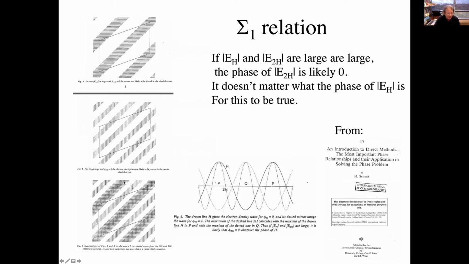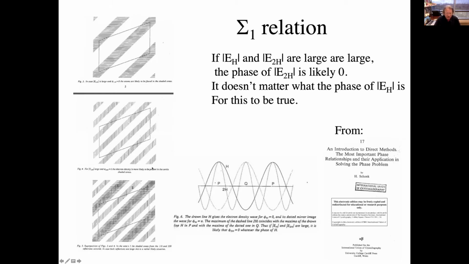So if the other phase, of E sub h, is big here and here, because atoms pile up, it's much more likely that the 2, 2, 0 will pile its density on top of the 1, 1, 0, which corresponds to a phase of 0 and a large value here, instead of some other phase as shown here. So if they're both large, they both probably reinforce atoms in the same place. And so this leads to the likelihood of the phase for the E2H to be 0.